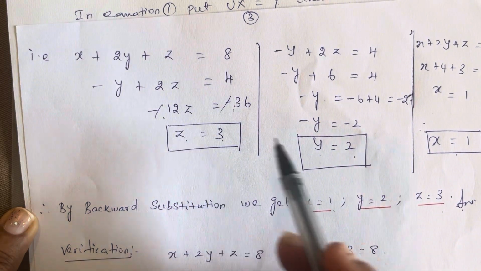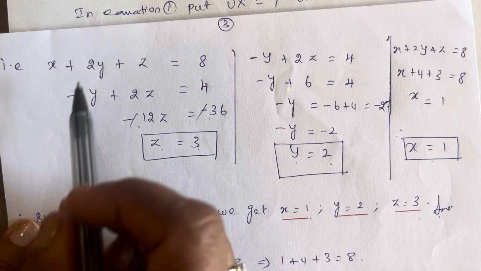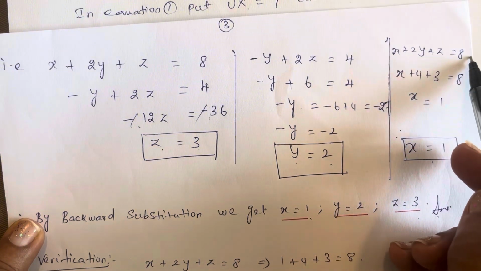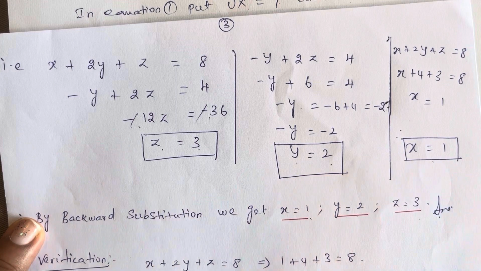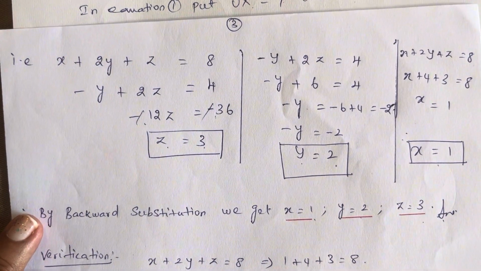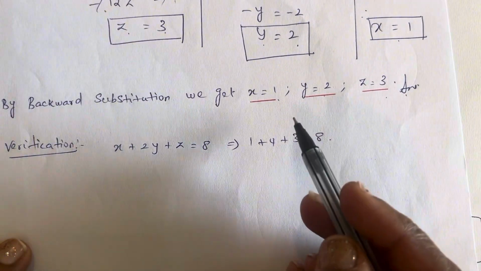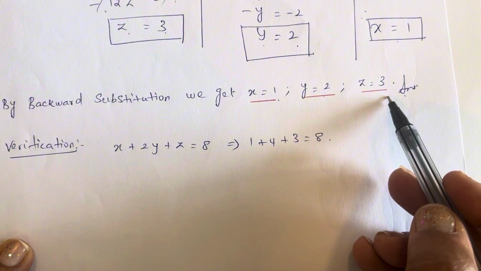Now I know Z and Y, so let me substitute in the first equation, X plus 2Y plus Z is equal to 8. By substituting, I get X is equal to 1. So by backward substitution, we get X is equal to 1, Y is equal to 2 and Z is equal to 3. That is the solution for the given system of equations.